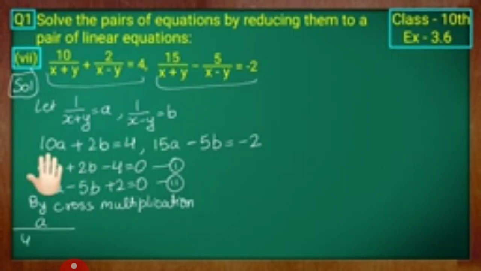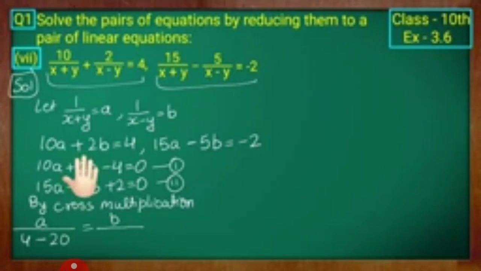A upon, hide the a term: 2 into 2 is 4, minus 5 into minus 4 is 20, is equal to b upon, hiding the b term: 15 into minus 4 is minus 60, minus 10 into 2, means the coefficient of a is multiplied with the second constant term, 10 into 2 is minus 20.